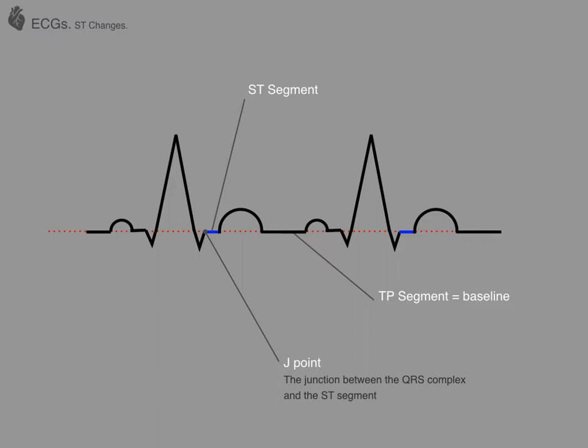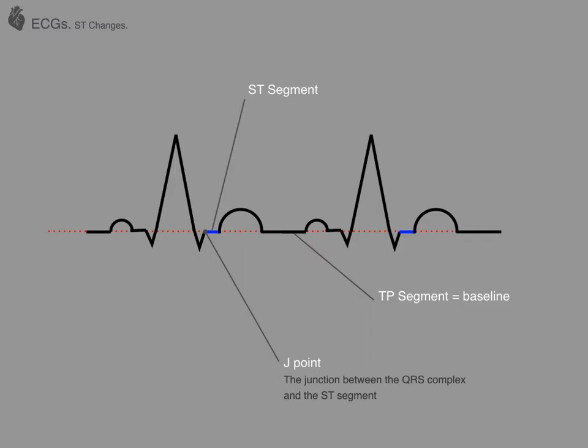So the ST segment is the part between the end of the QRS complex and the beginning of the T wave. The TP segment is the region between the end of the T wave and the beginning of the next P wave. This TP segment is the least affected by any pathology, so we use this segment as our baseline.